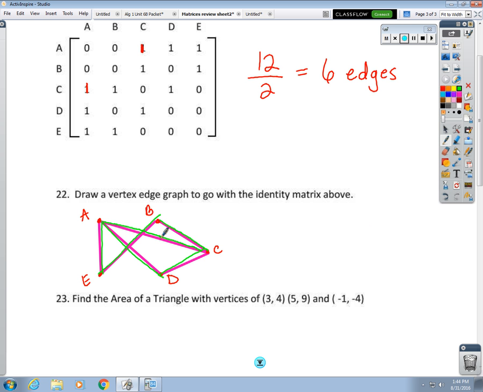And then you might have 2 choices that have 6 edges, but you got to make sure the right connections have been made in there. Like if, say that E to D had been connected here, we know that's wrong because with E to D there's a 0. So there should be no connection. So if you have a graph that has 6 edges, but then you have one of them that's connected that shouldn't be according to the matrix, you know that's not the right one. Does that make more sense?